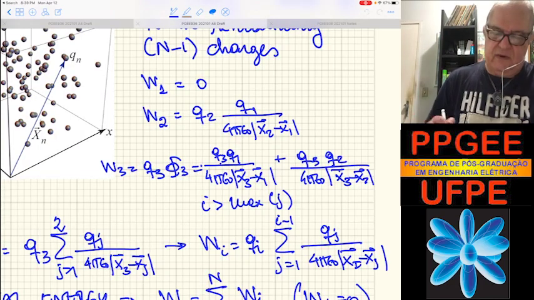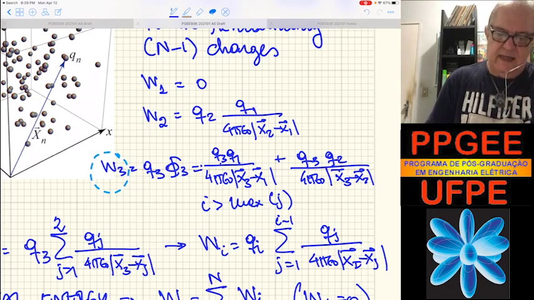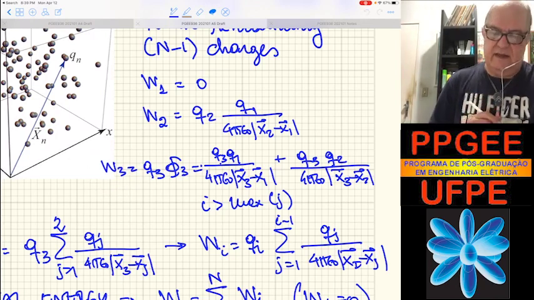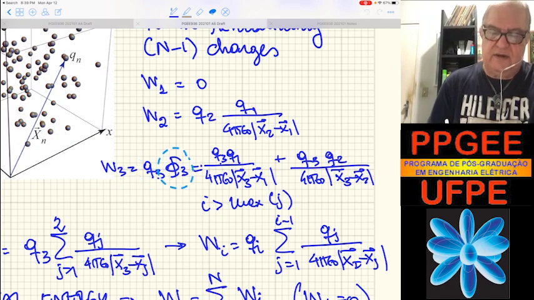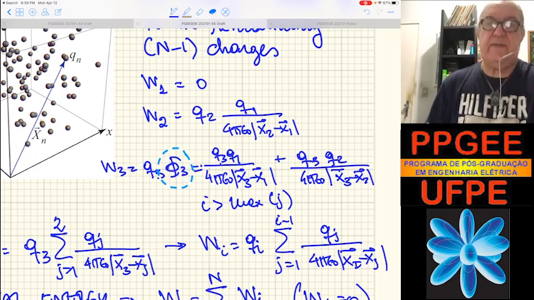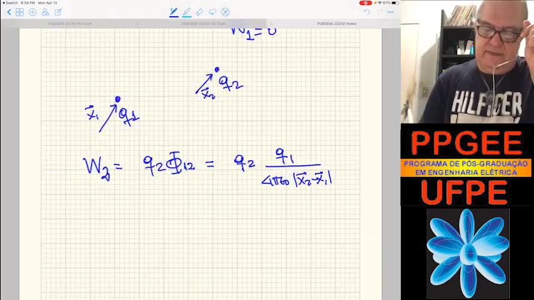Now, if I go to the third charge, the energy is going to be the charge Q3 times the potential at the location of charge 3.